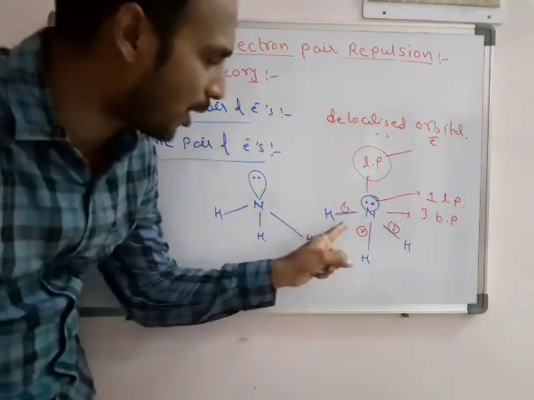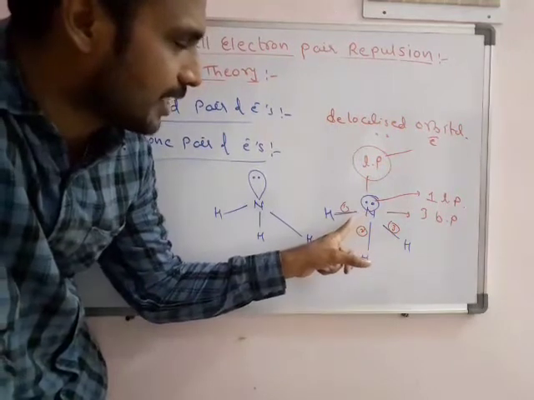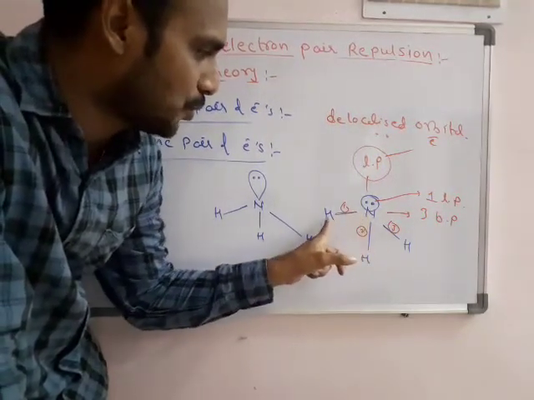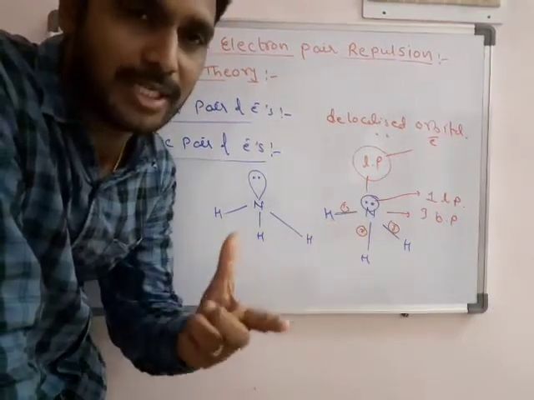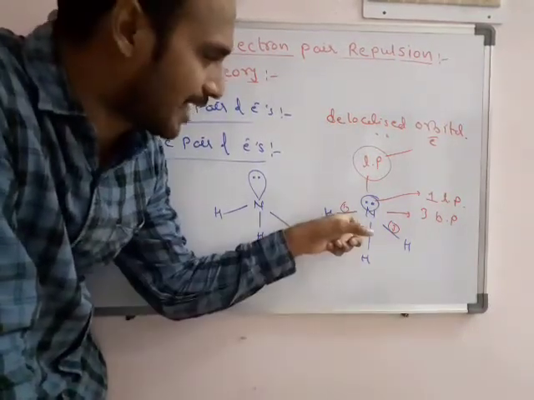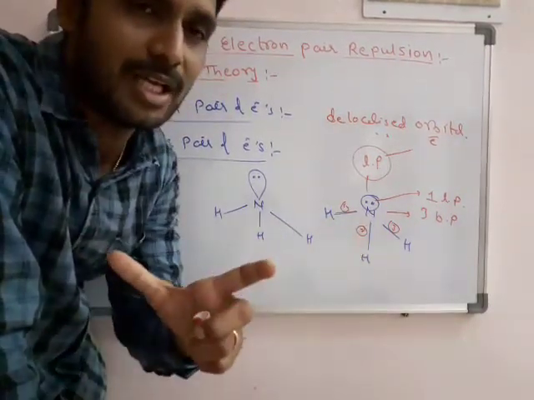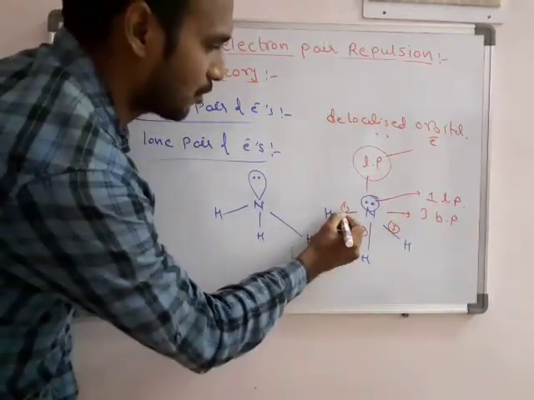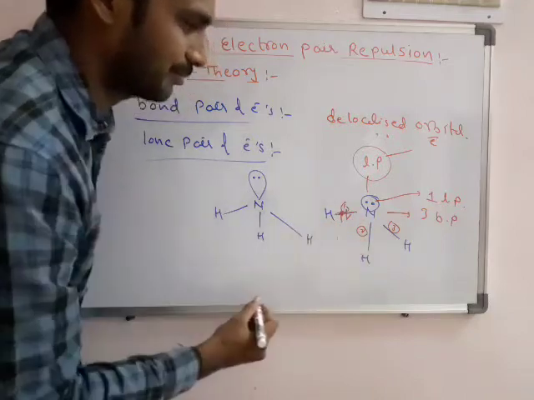A bond pair means the electrons are bonded between 2 atoms. These electrons are present between the 2 atoms, for example, 2 electrons forming a bond.